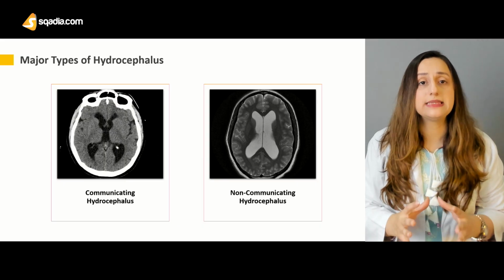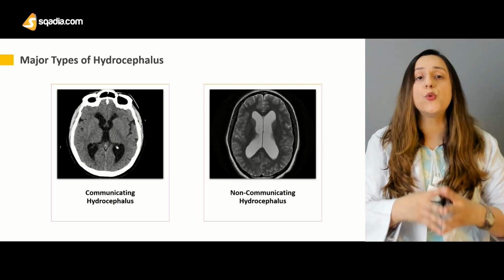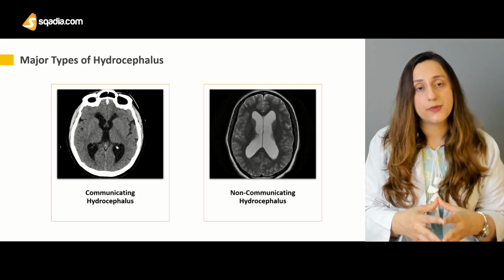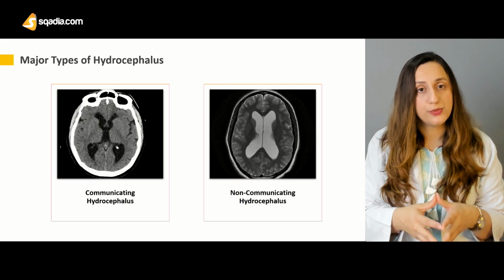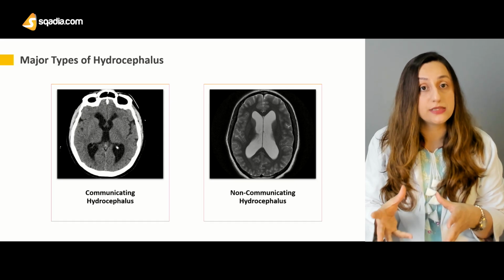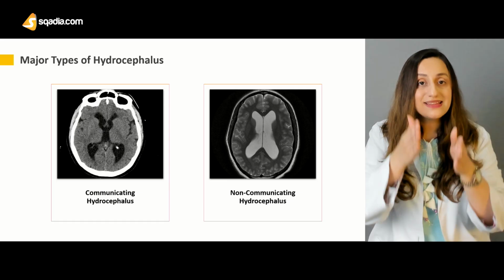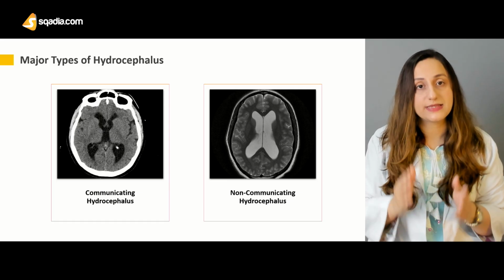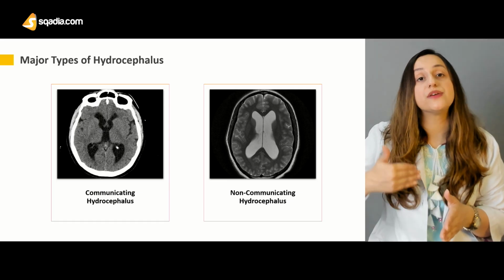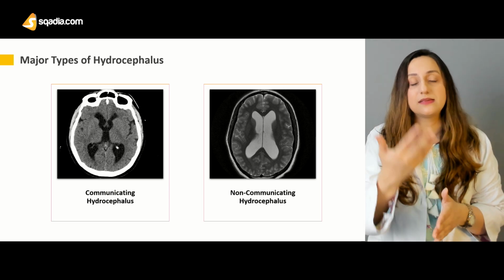And this gives rise to the stenosis of the aqueduct of Sylvius, and this is the most prone position in which non-communicating hydrocephalus takes place, due to ependymomas in the aqueduct of Sylvius. That is going to give rise to a back pressure in the third ventricle as well as in the lateral ventricles.